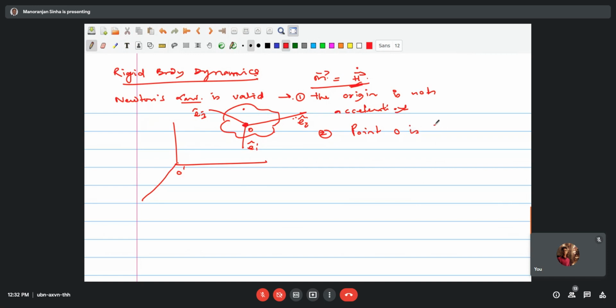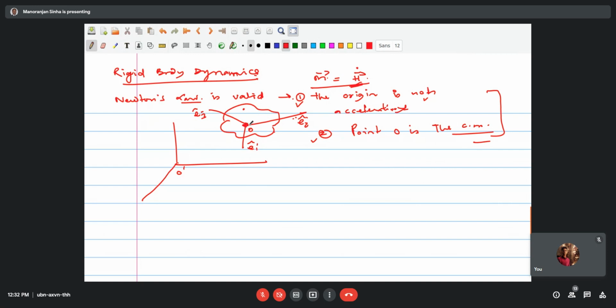Point O is the center of mass. And we will look into some more conditions, but let us look into these two. So for simplification, if you are working with rigid body dynamics, we assume that the origin is non-accelerating.